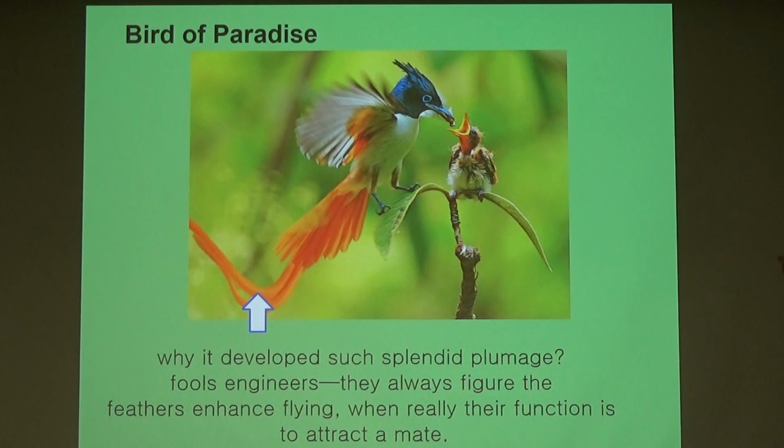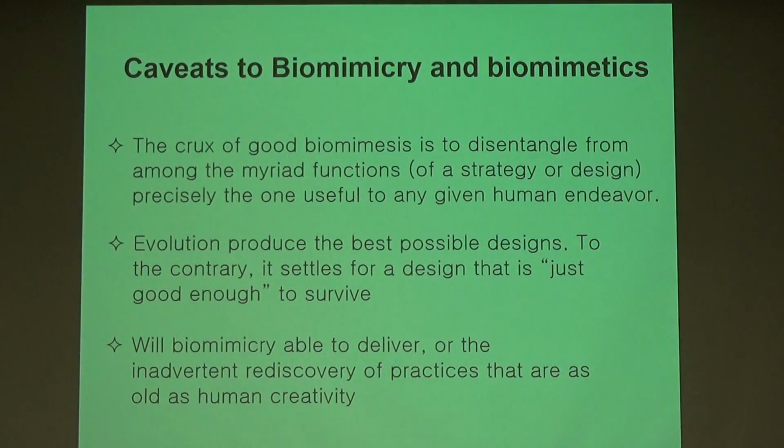So as engineers, they think this interesting design of the feather has to do with flight. But then you look at the natural history, the life history of this bird, and the function is not for flight, but has another function, which is to attract a mate. So that's just a very simple example of how you've got to be careful in understanding the design of function if you want to learn from it and then implement it in your technology or your science.